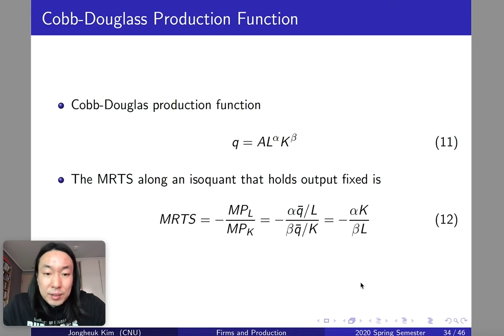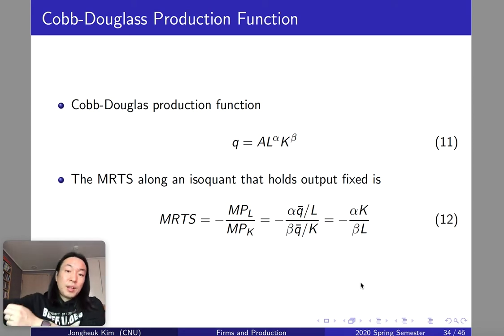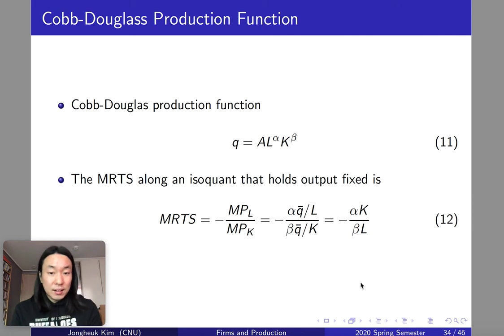So MPL is the result of taking the derivative of your production function with respect to L. And MPK is the result of taking the derivative of your Cobb-Douglas production function, equation 11, with respect to K. So you can take derivatives with respect to L and K, then you can find the real values of MPL and MPK, which will be equal to negative alpha Q.